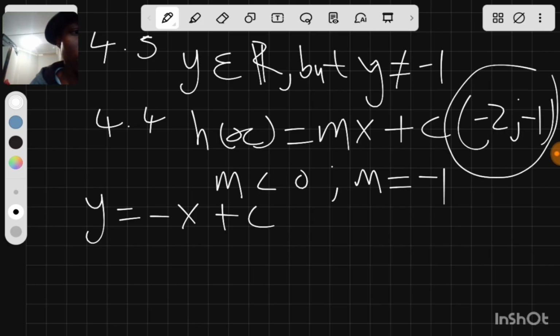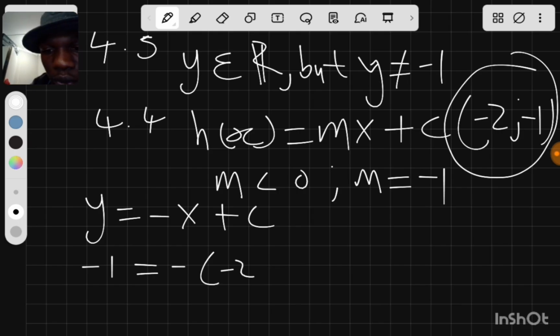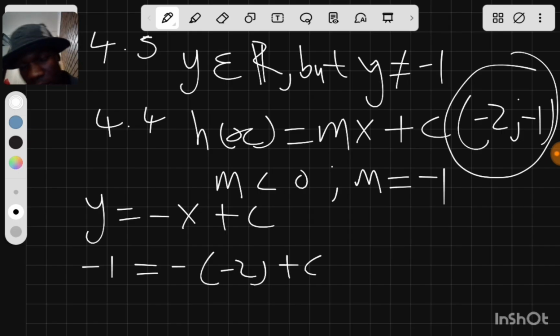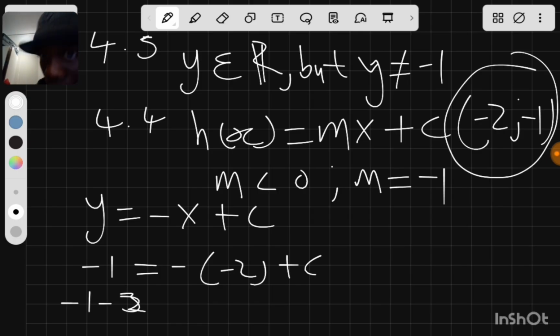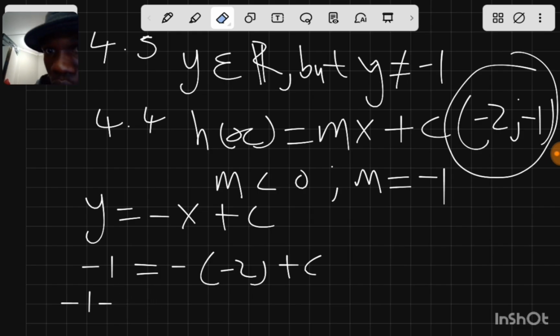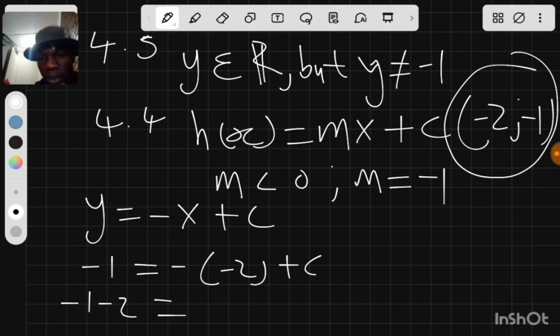Then we go for the points on the graph. Here are our points on the graph. So we're going to have y is minus 1, minus into minus 2, plus c. Minus 2 times minus is positive, then you go to the other side, negative 1, negative 2, negative c.